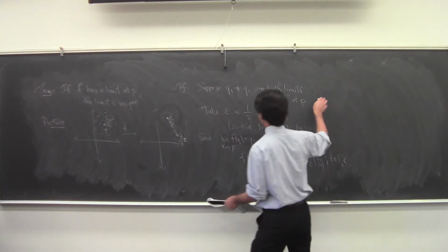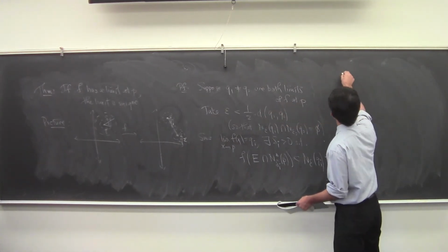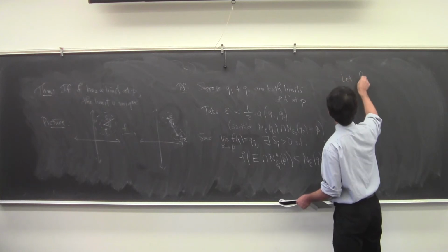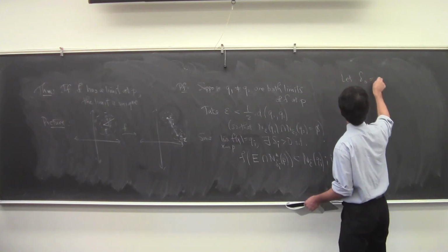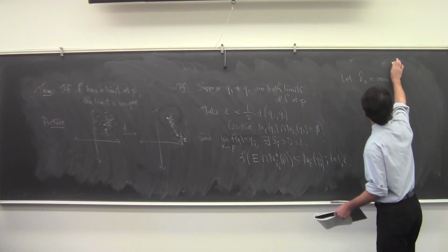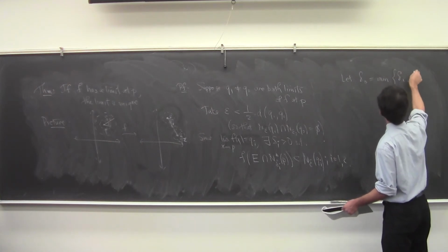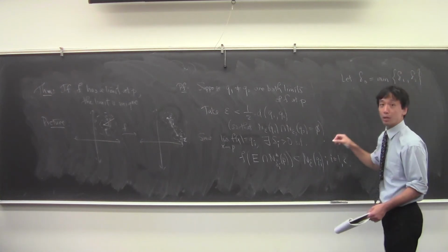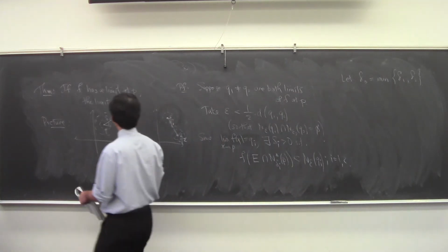Okay. So then what do you do? You say, well, look, let delta 0 be the minimum of those two distances, delta 1 and delta 2. Okay, so take the smaller radius. In my picture, it's delta 2.